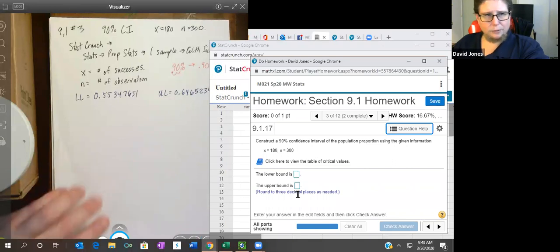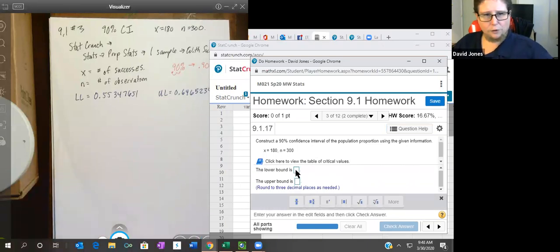They want 3 decimal places, so the lower limit is 0.553. My upper bound, 0.646, and the 5 says round that up to a 7. So 0.647. Of course, you're going to have different numbers.